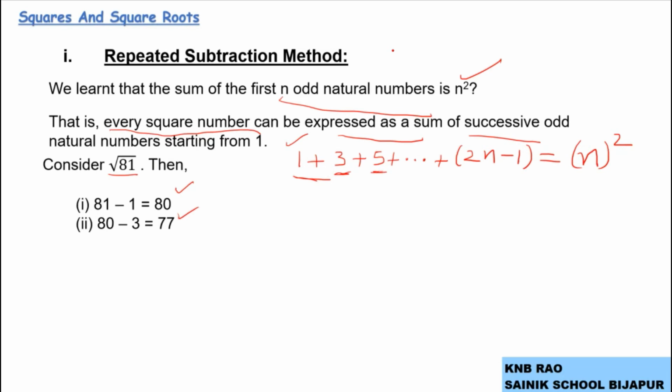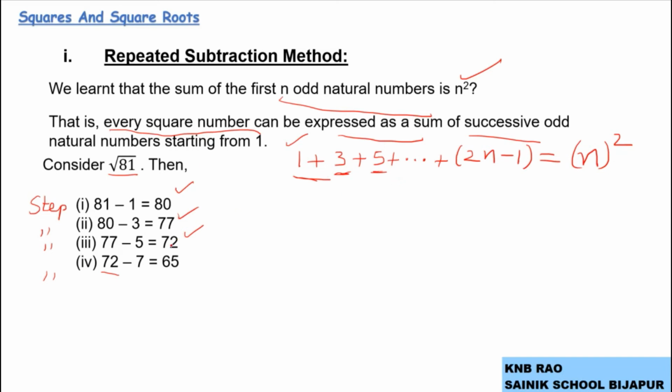So 77 minus 5 gives us 72. Similarly, in step 4, from the previous difference 72, I will subtract the fourth odd number. Who is the fourth odd number?